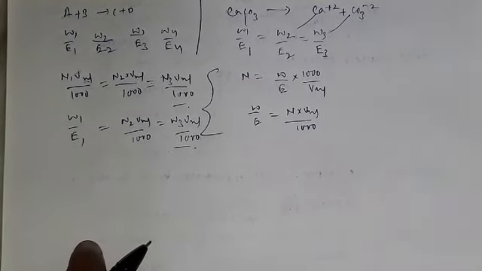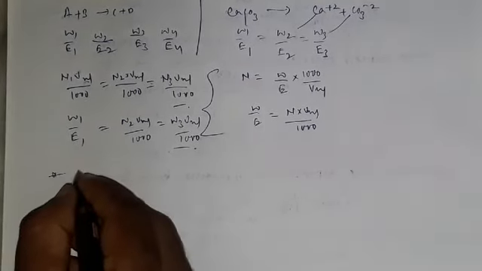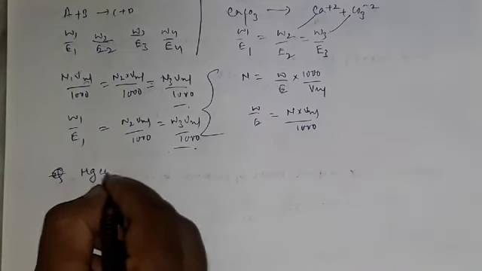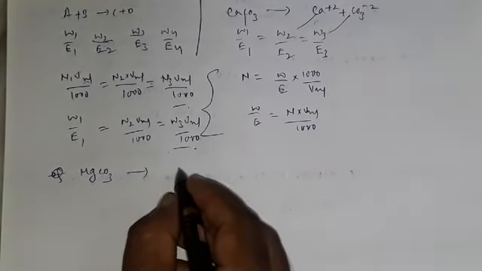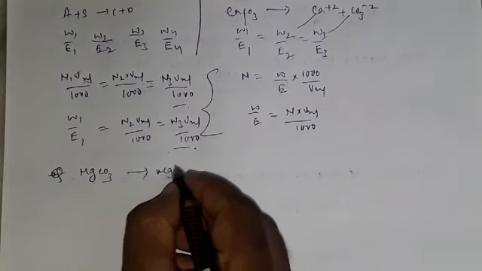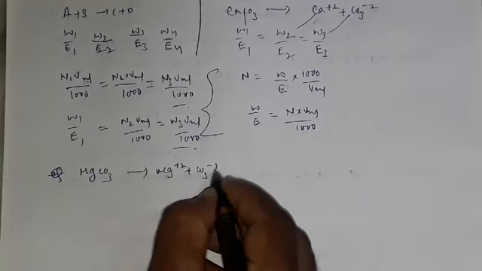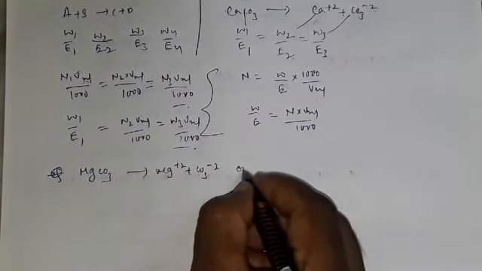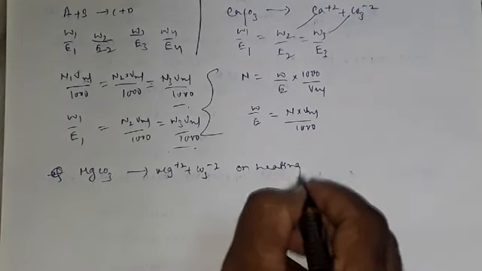Next, suppose you take a question: MgCO3 gives rise to Mg 2 plus and CO3 2 minus on heating.